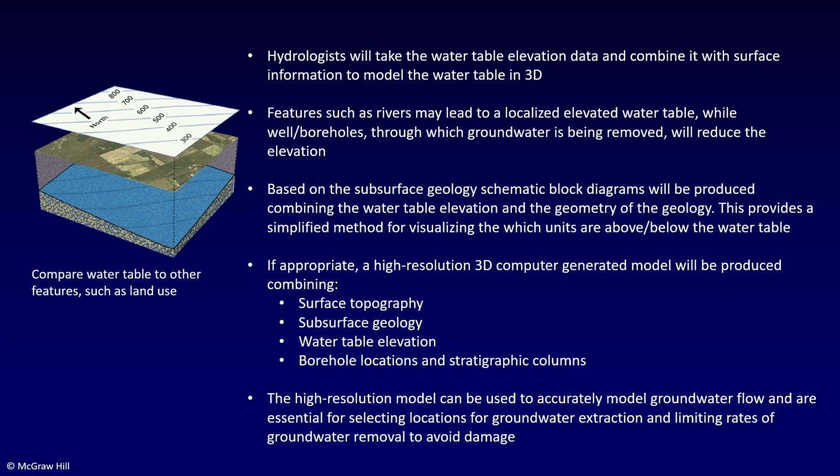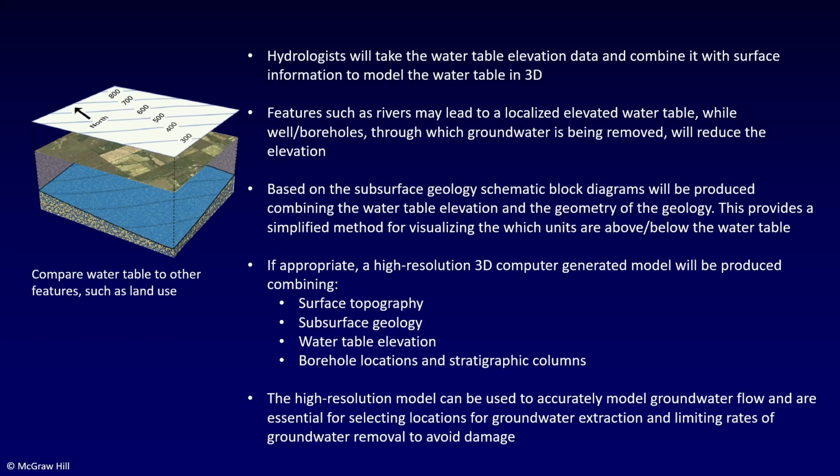And so it lets you see in the subsurface, these are the layers of rock that contain groundwater, because remember, the groundwater will often cut across different layers of rock. As long as they're permeable, the groundwater will move through them. But it will also allow you to better visualize where the impermeable layers are and how they are affecting the flow of groundwater in the subsurface.